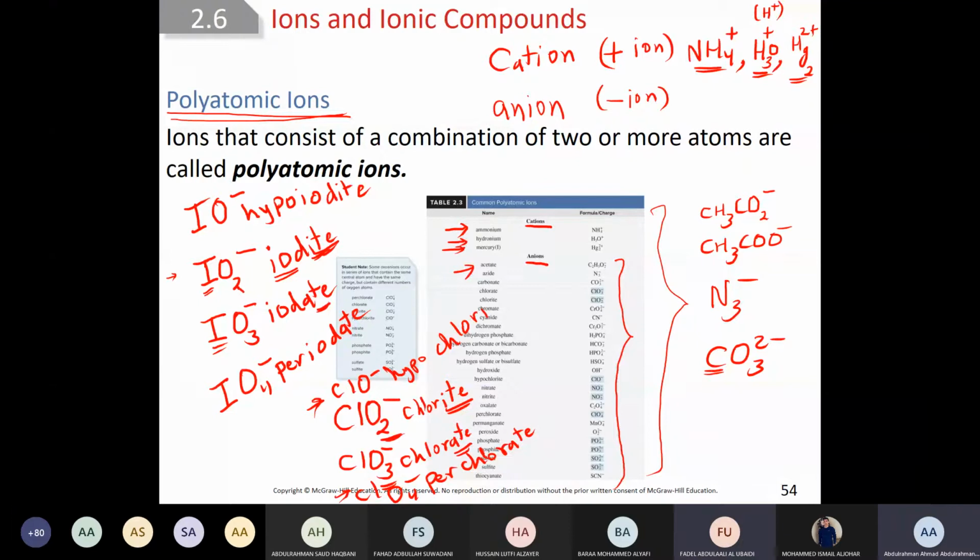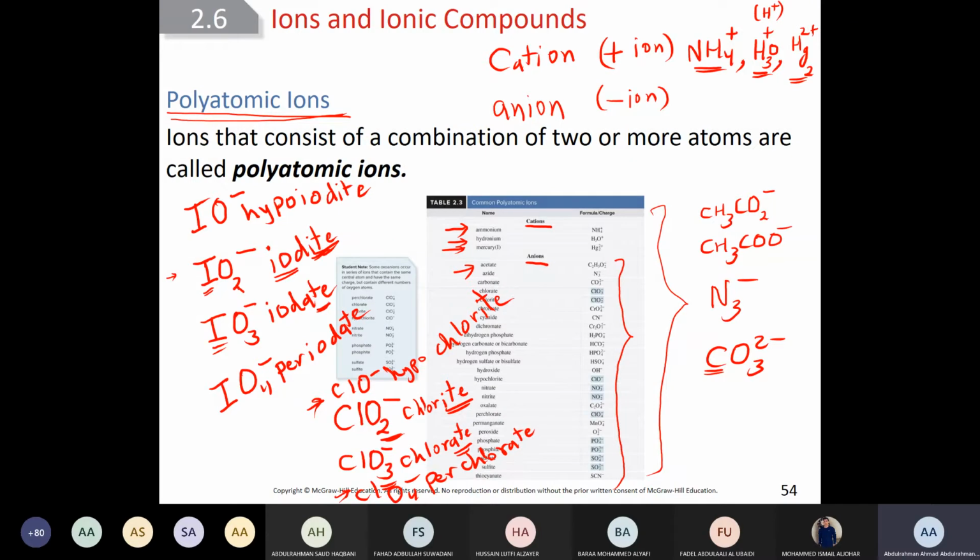Right. Don't forget this. As I said, I want you to sit today, not tomorrow. Memorize everything in this table. Not only the name and the structure, but also the charge.